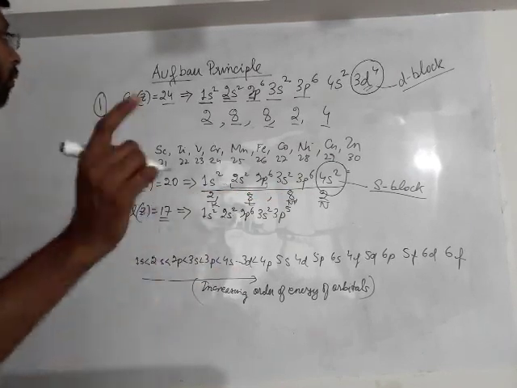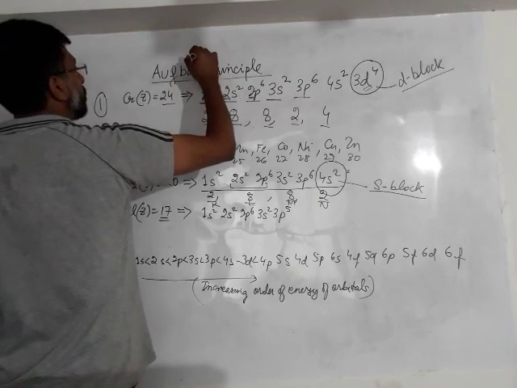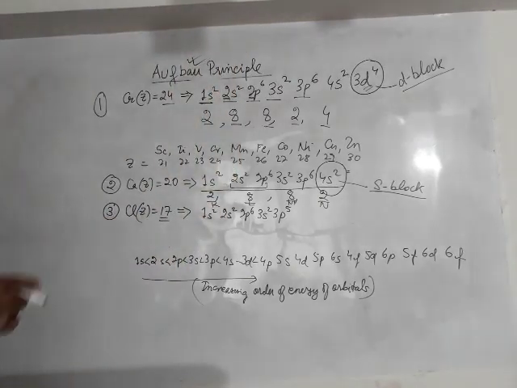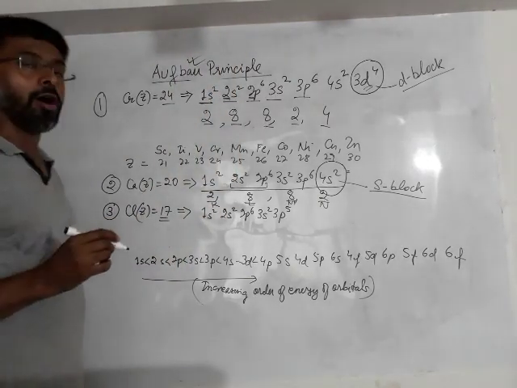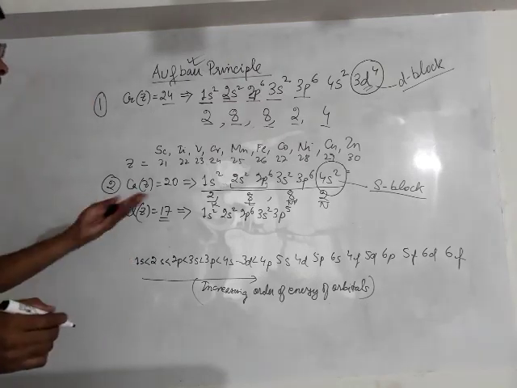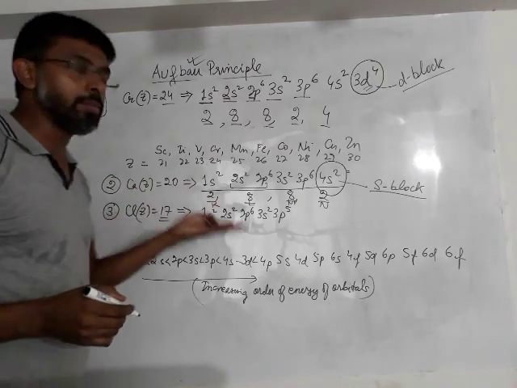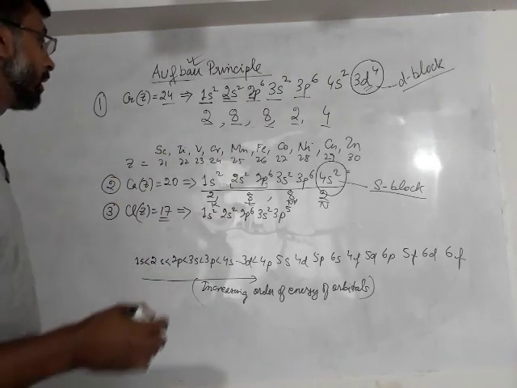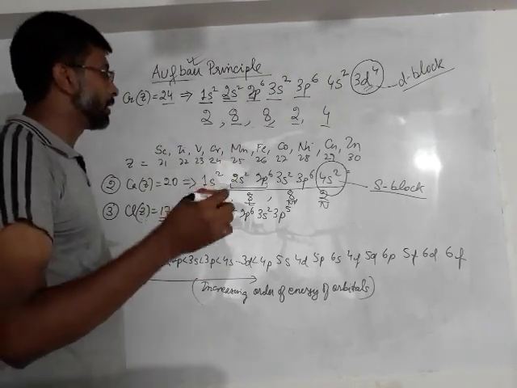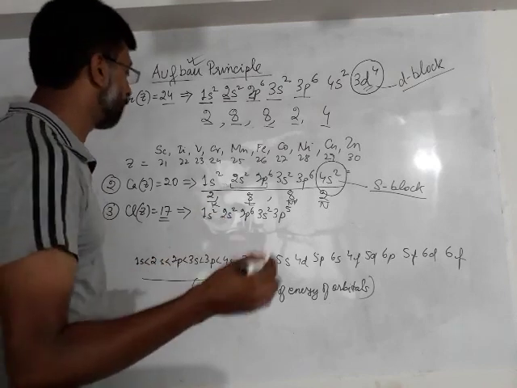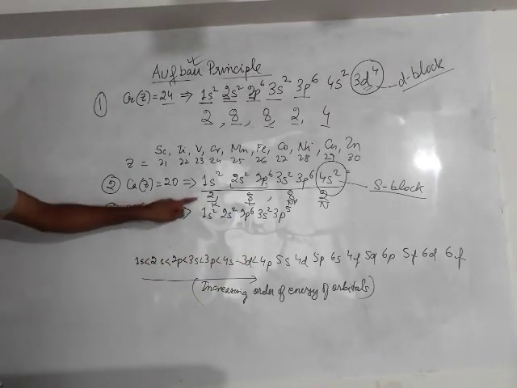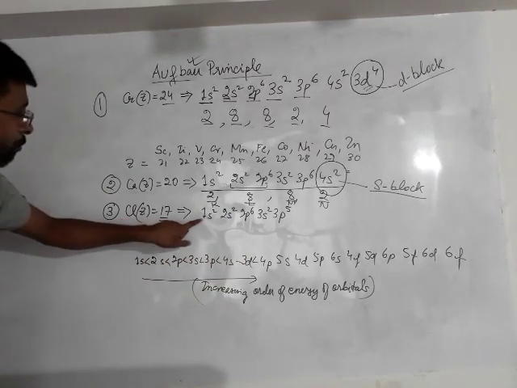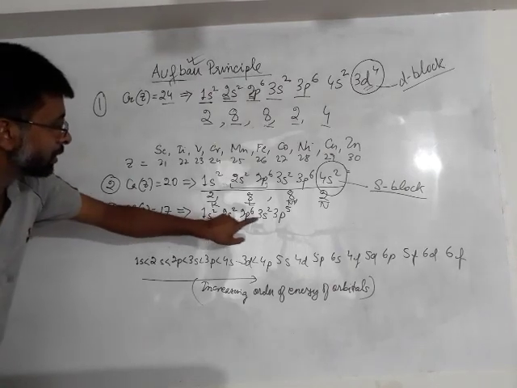But now we have to use the Aufbau principle, where electrons occupy the orbitals. The orbital having the minimum energy gets occupied first, and slowly, as the number of electrons increases, the orbitals possessing higher energy are occupied. In a similar manner, look at the electronic configuration of chlorine: 1s2, 2s2, 2p6, 3s2, 3p5.